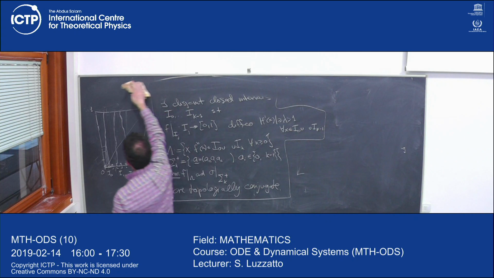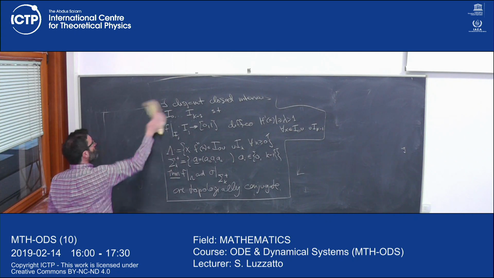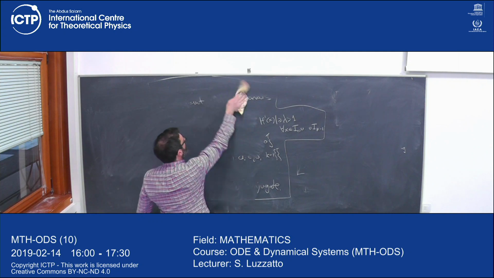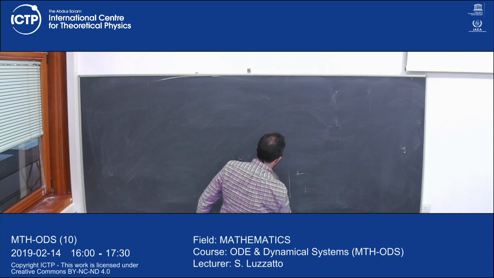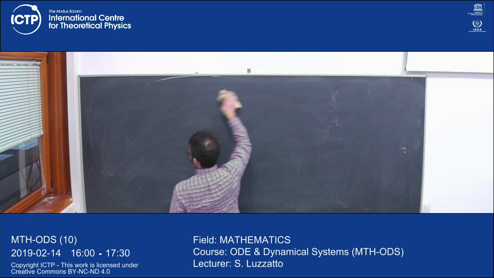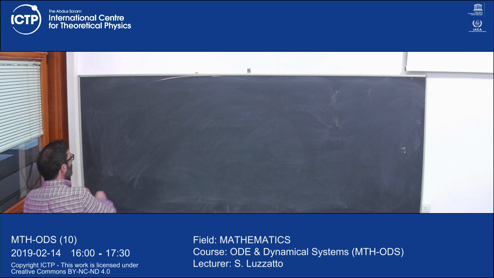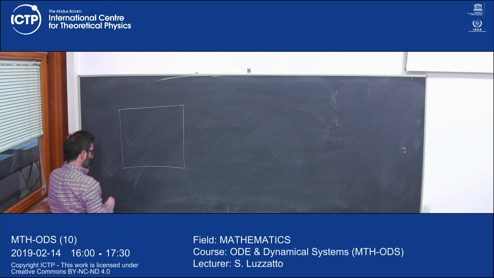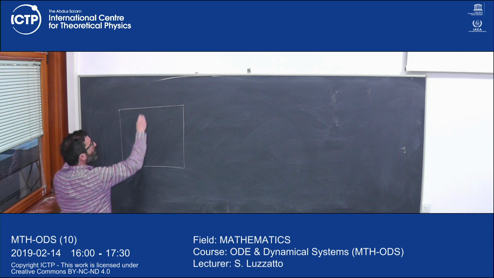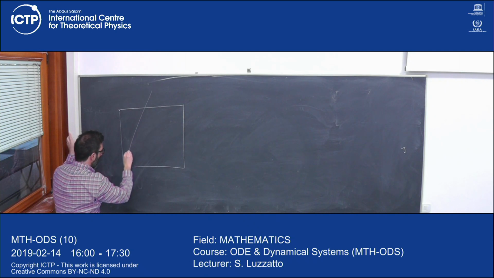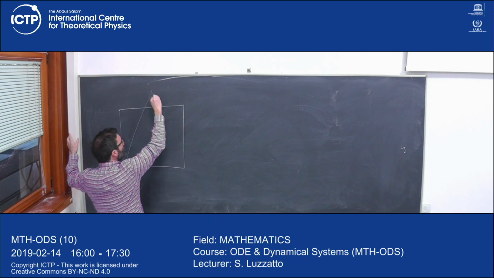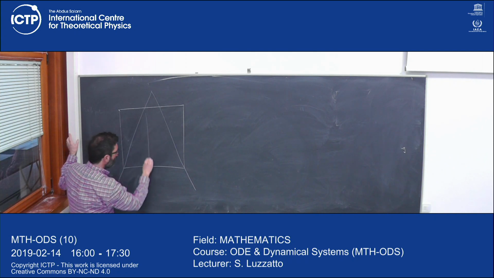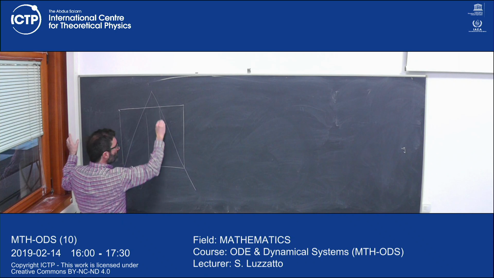So let me draw a picture here. Let's start again with the same map that we did the first time. Okay. So we have this map like this. And we have our intervals.